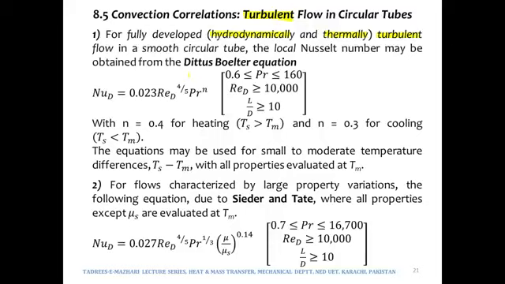The Dittus-Boelter equation has this form: 0.023 Reynolds to the 4/5 and Prandtl raised to the power n, where n is 0.4 for heating.